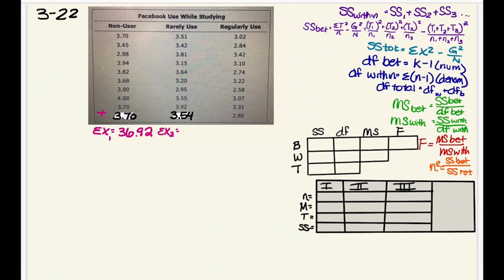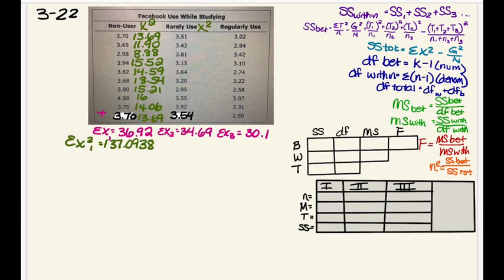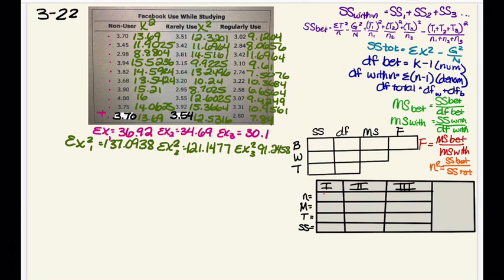For the sum of x, you'll add up all of the scores for each treatment, or in this case, population. And then we'll find the square of each score and add them all up to find the sum of x squared.